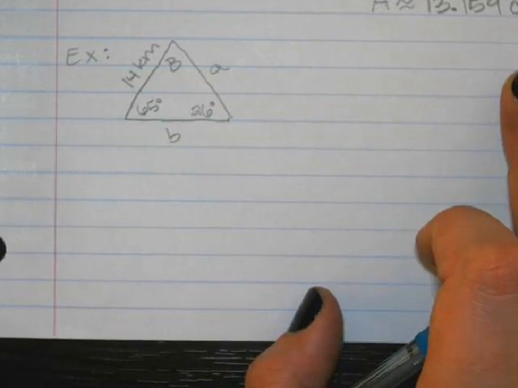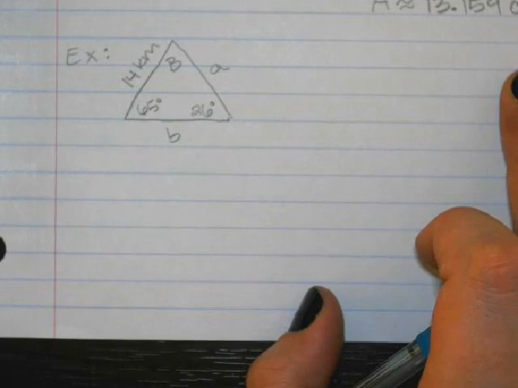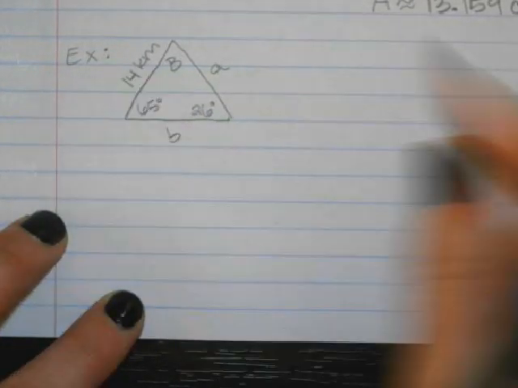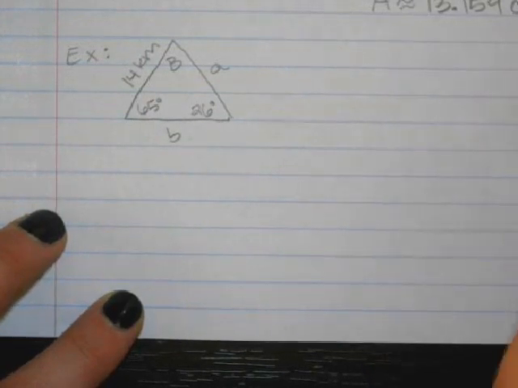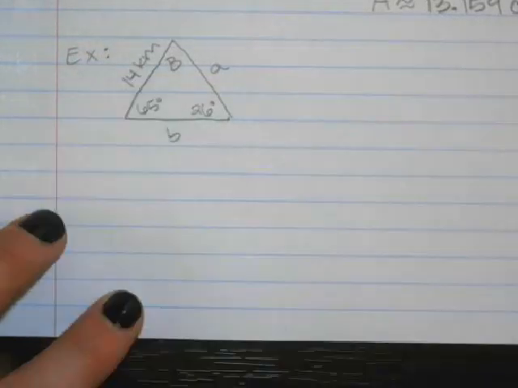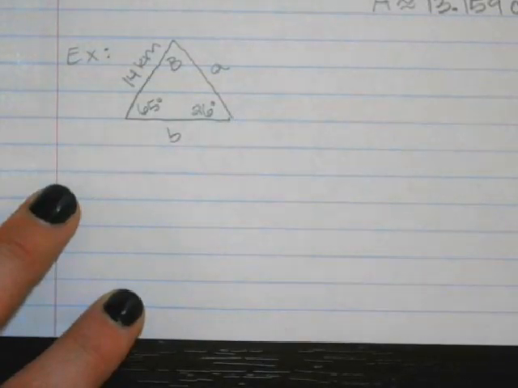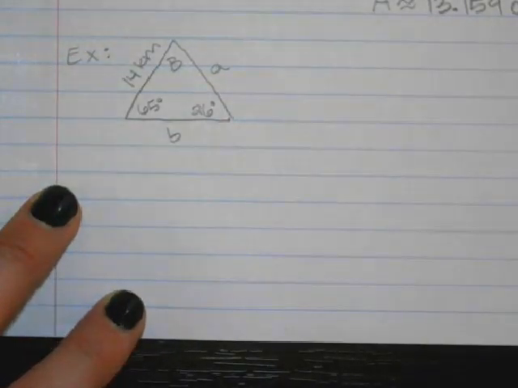So, what information did they give us? Angle, side. Okay. So they gave us angle, side, which is not what we wanted for the formula, right? So if they gave us angle, side, that means we have to either use law of sines or law of cosines to find some more information before we can use the formula.